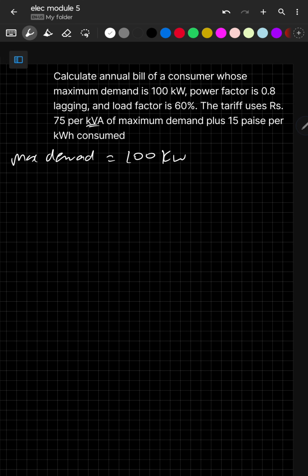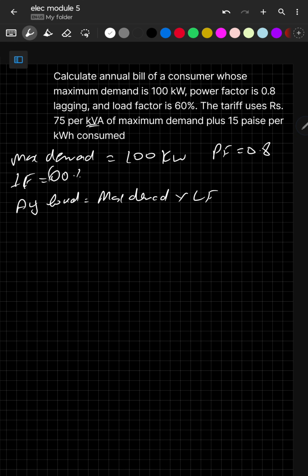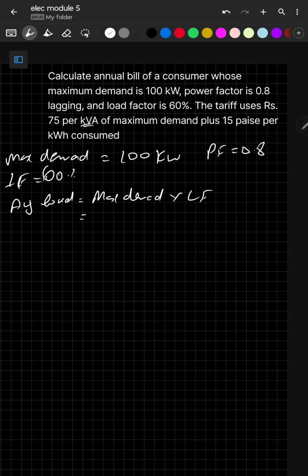100 kilowatt. Power factor they have given 0.8. Load factor 60%. So now let's first try to find the average load, which is maximum demand into load factor. That is equal to 100 into 0.6, which is 60 basically.